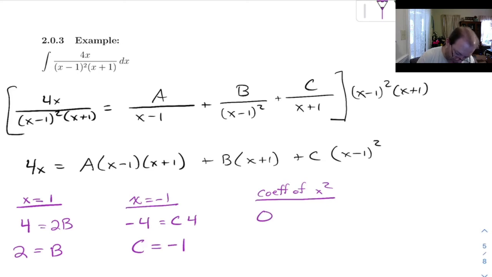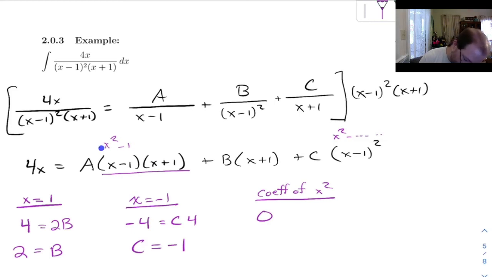On this side over here, the coefficient of x squared, well, let's just work out only as much of this as we absolutely need. We're going to get an x squared here. We'll get x squared minus more stuff. And over here, this is going to give us an x squared. And it's x squared minus 1, but all we really care about is that there's an x squared there and its coefficient is 1.